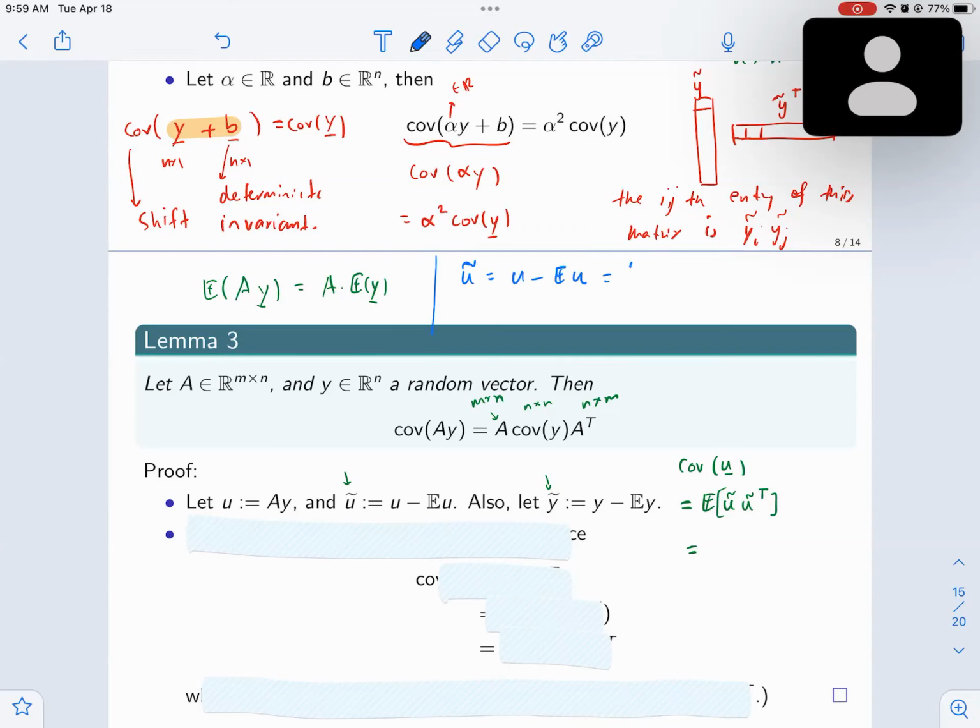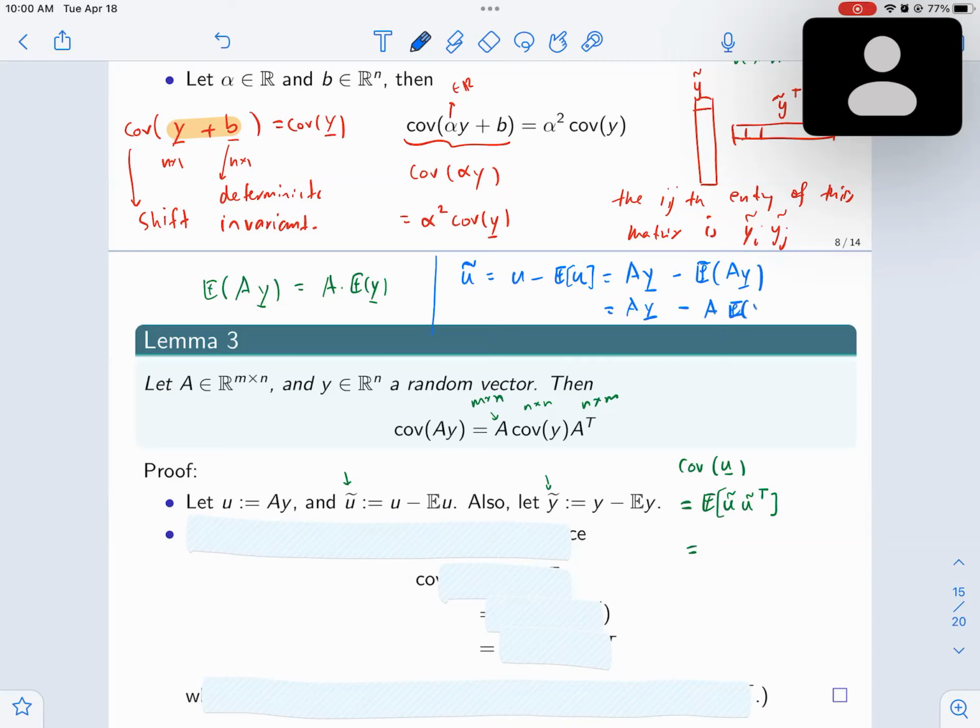And u is Ay, and the expectation of u is the expectation of Ay. This is by definition of u; that's how we define u. So now, what is the argument here? This is going to be Ay minus A times the expectation of y. You can factor the A out because of linearity of expectation.